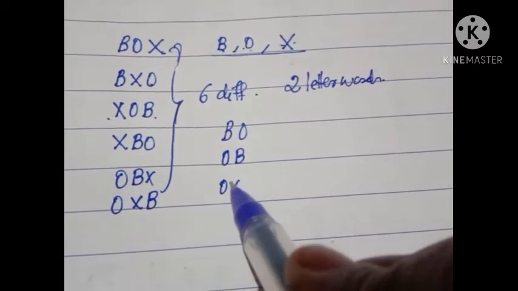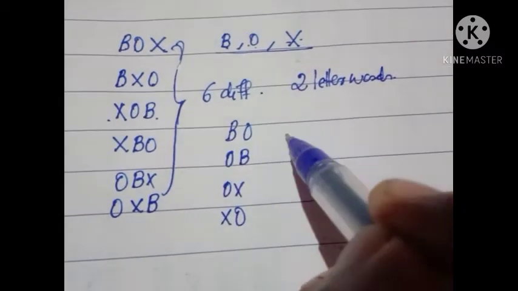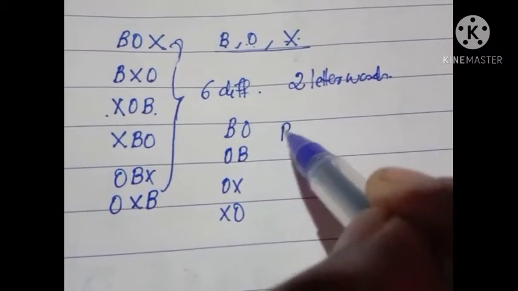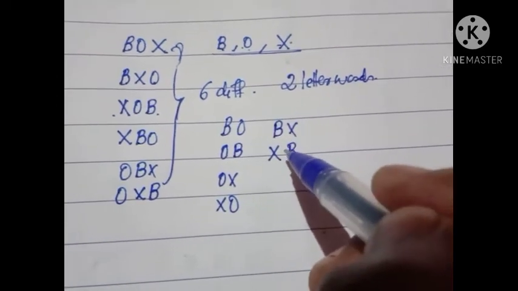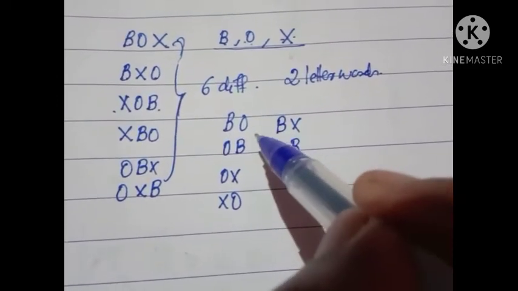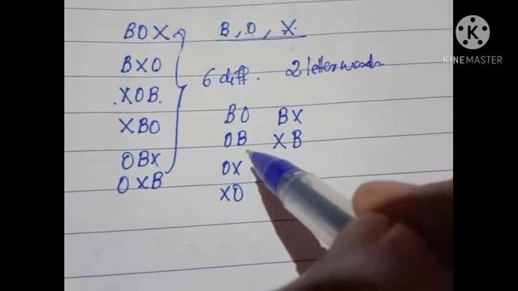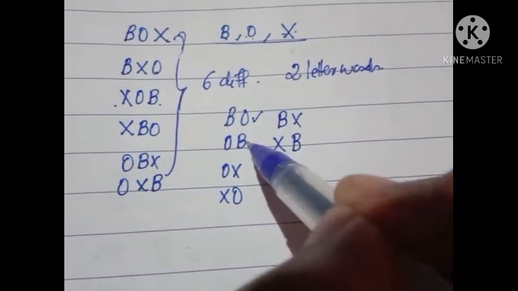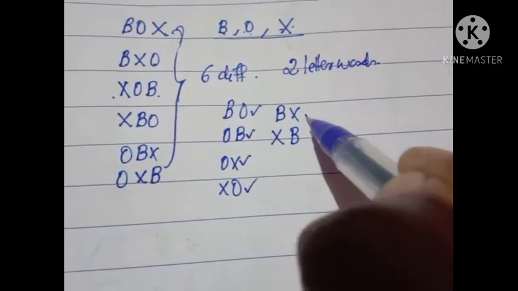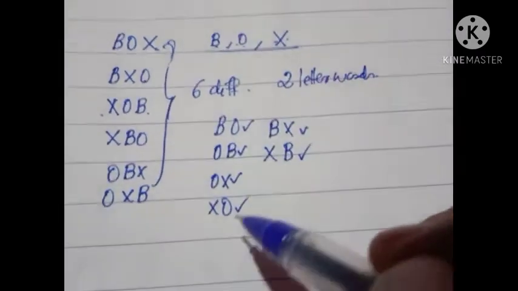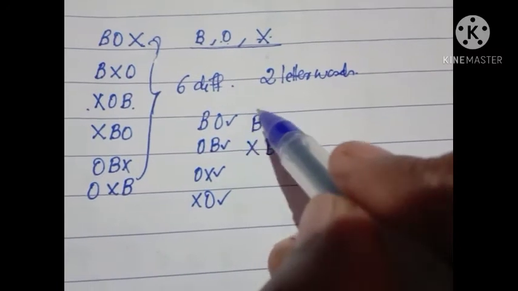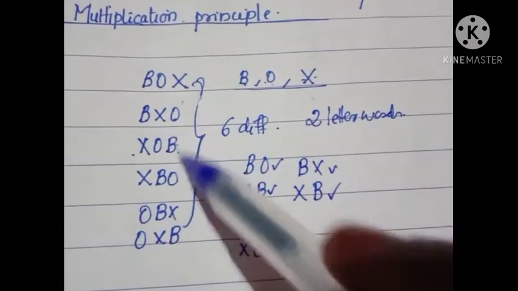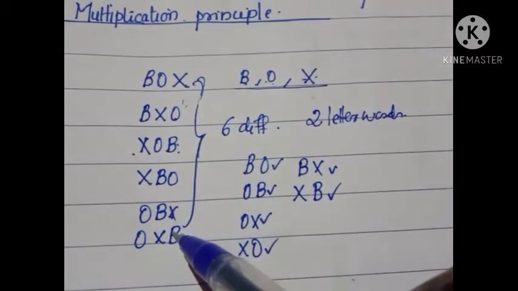Now, OX, XO, then BX, then XB, isn't it? Is there any other arrangement? No. So there are 1, 2, 3, 4, 5, 6. So these all are 2-letter word arrangements. These 6 are 3-letter arrangements.